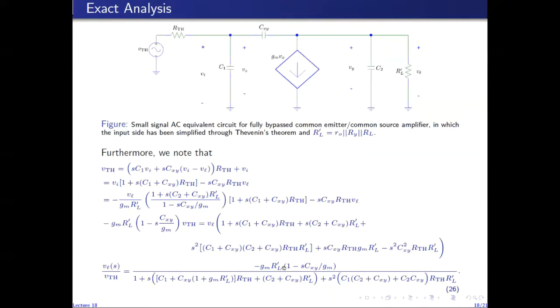So when I divide this term by s, it will become 1 over s, which at s equal to infinity will become 0, and this term will become independent of s. So in the numerator, since gm will get cancelled out at s equal to infinity, I'll have minus RL prime Cxy.